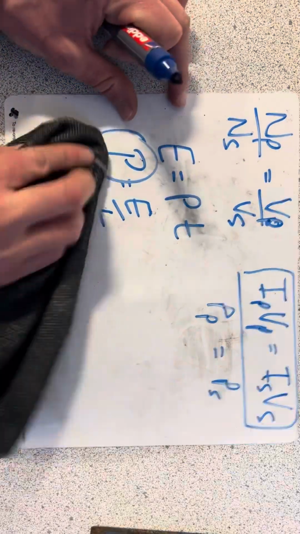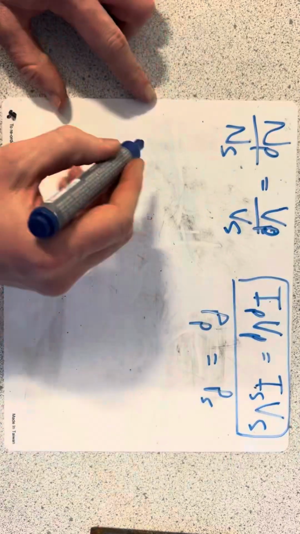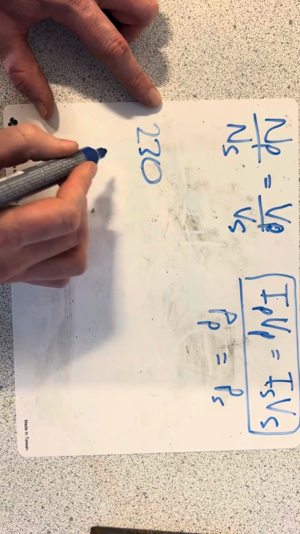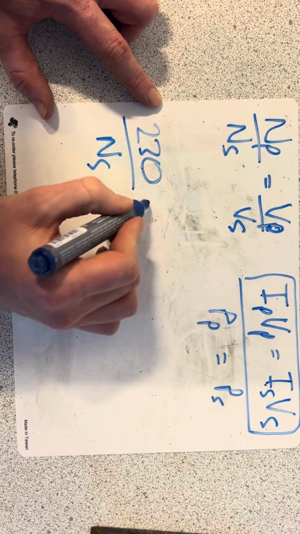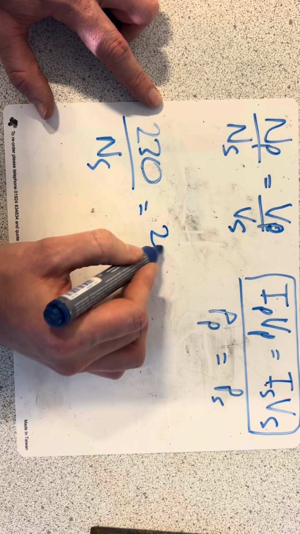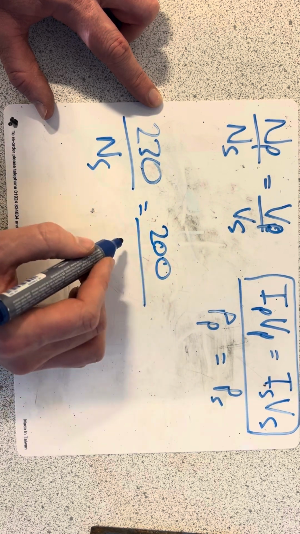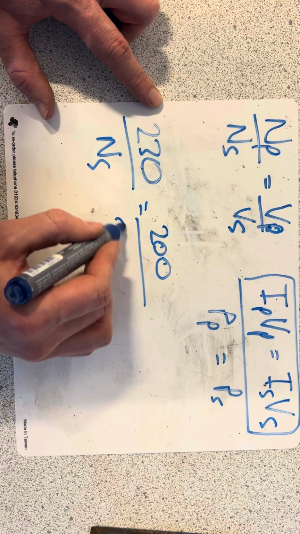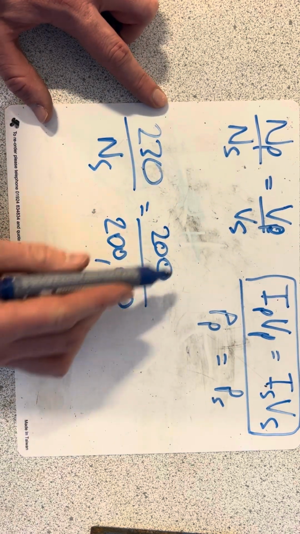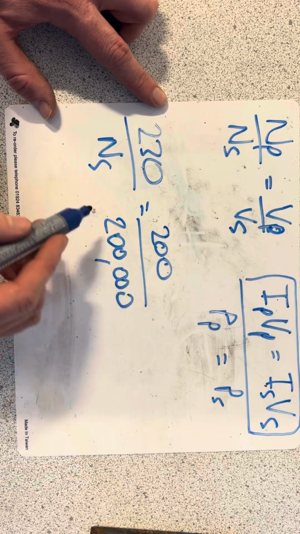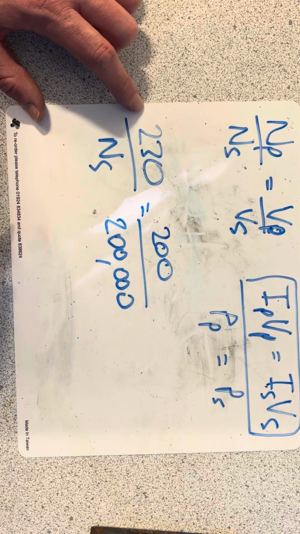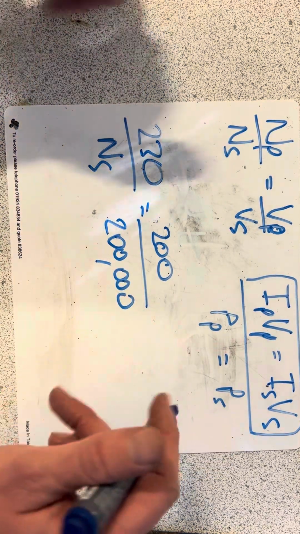So if we just do a quick example, let's say I had 230 turns on my primary, and I wanted to know how many turns on my secondary, and I had an input potential difference of 200, and an output potential difference of 200,000. Okay, so we can see that this ratio on the right hand side has got to equal the ratio on the left hand side. Now, because I want NS and it's on the bottom, a little trick you can do is just flip both sides.